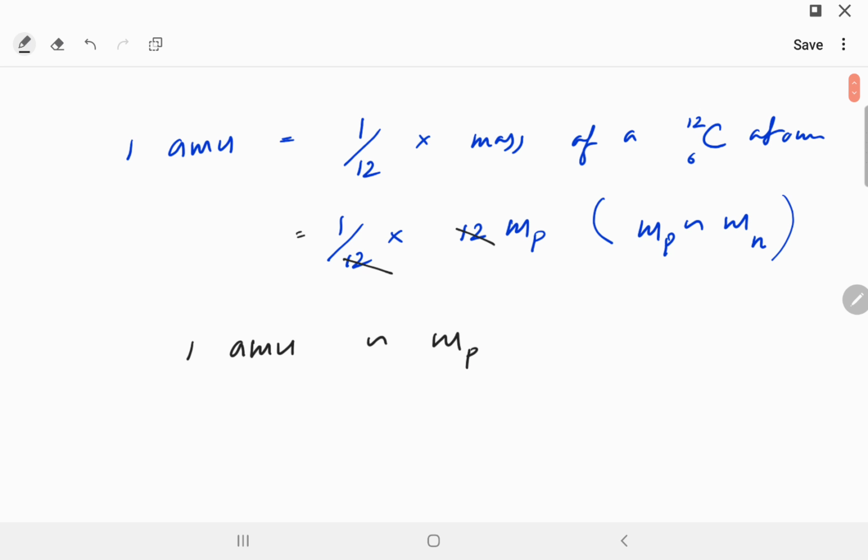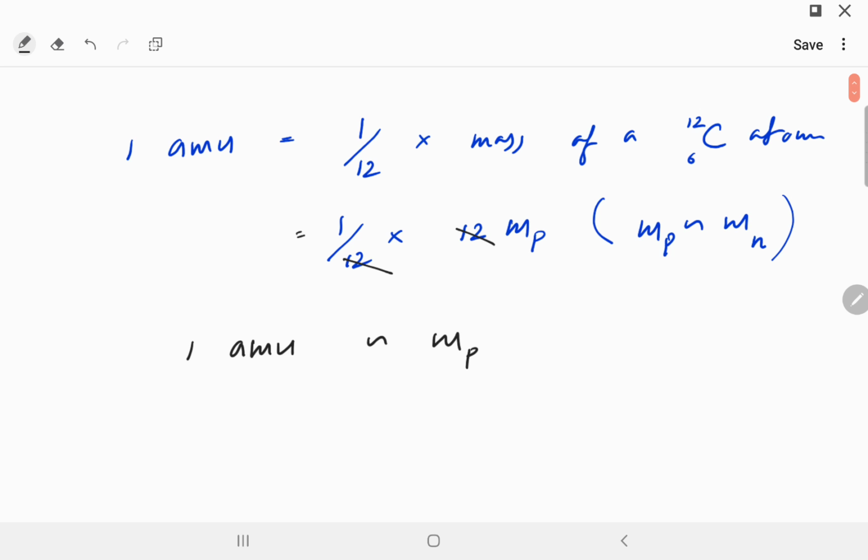So we are going to measure the mass of an atom approximate to the mass of a proton. This is how it happens. So basically AMU is very similar to mass number. Am I correct? Yes. What is mass number?